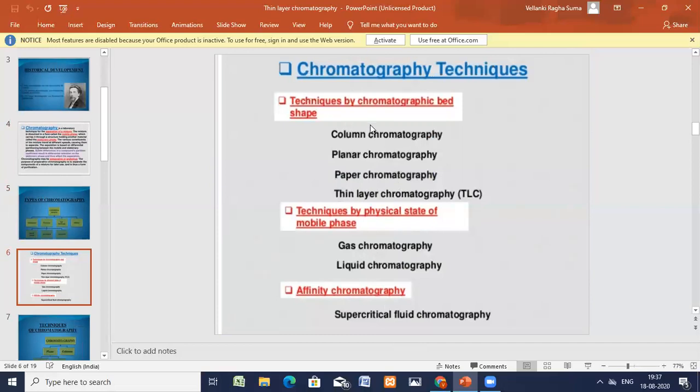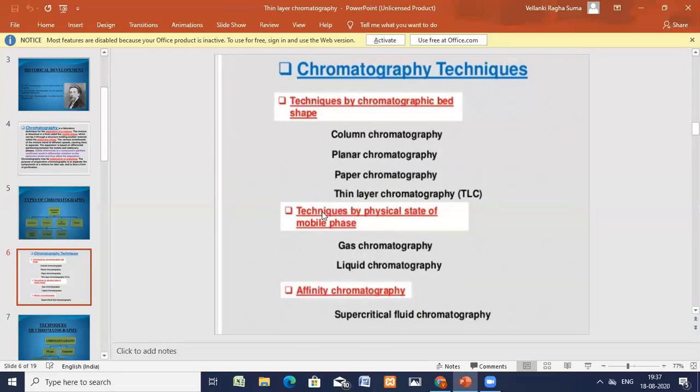Now let us see the types of techniques for chromatography. First, the techniques by chromatographic bed shape: column chromatography, planar chromatography, paper chromatography, and thin layer chromatography. Depending on the bed shape, we prepare a column, planar, paper, or thin layer.